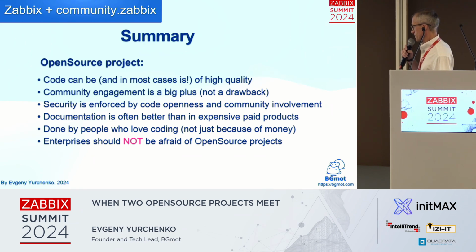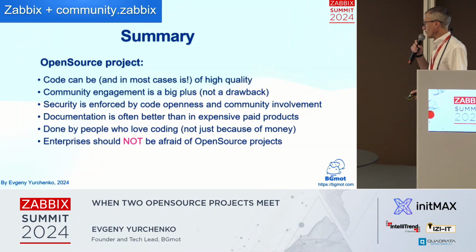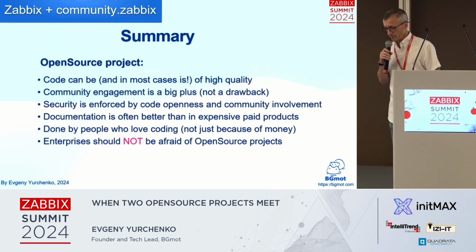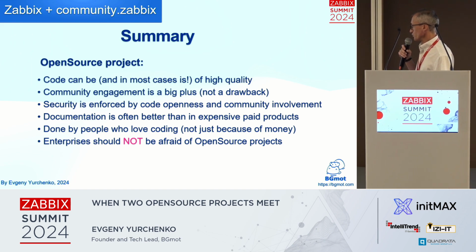Documentation is often better than inexpensive paid products. And again, this is all done by people who love coding. They don't do it because of money. They do it because it's open source. They can contribute, they can fix something, they can add new features. Basically, all businesses and enterprises should not be afraid of open source projects. Open source is cool, it's nice.